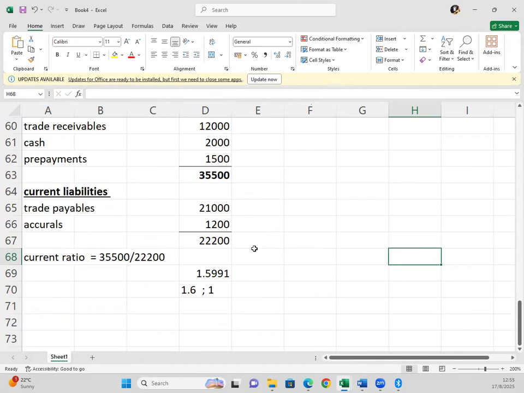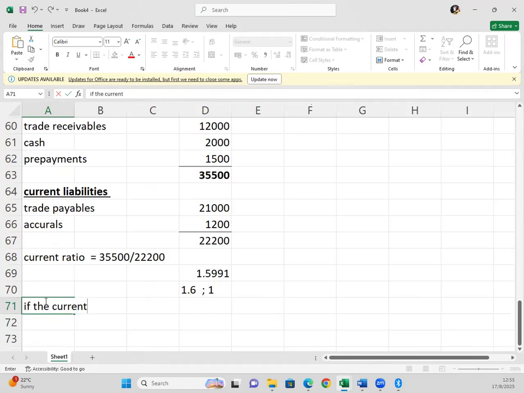So if the current ratio is greater than 1, it means we are able to pay those that we are owing.